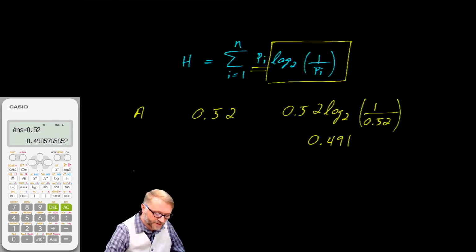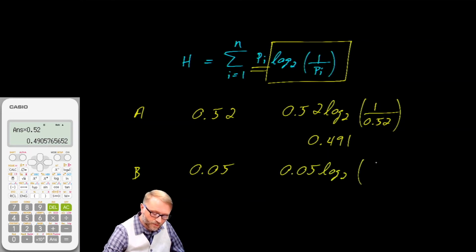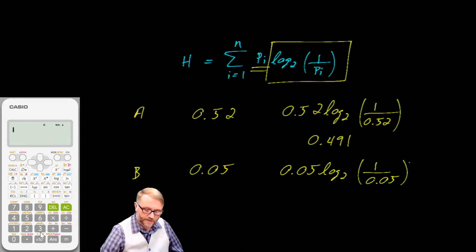Let's do the calculation for symbol B while we're here. So B had a probability of 0.05. So take this 0.05 log base 2 of 1 over 0.05. For the calculator, that's 0.05 times log of 0.05 inverse, close, divided by log 2.